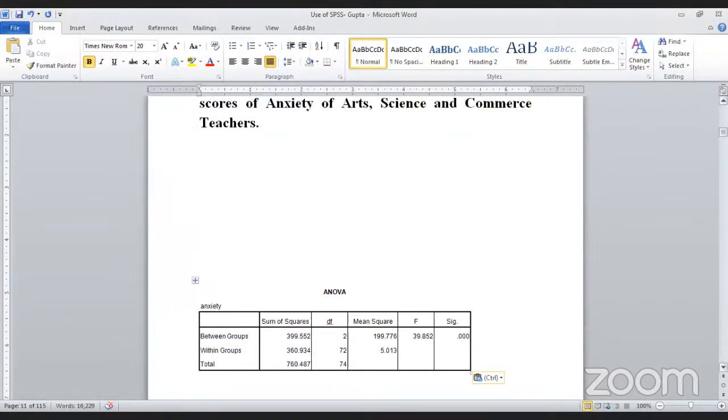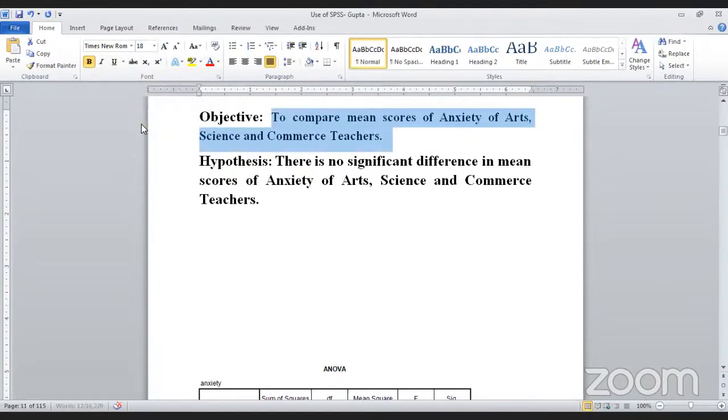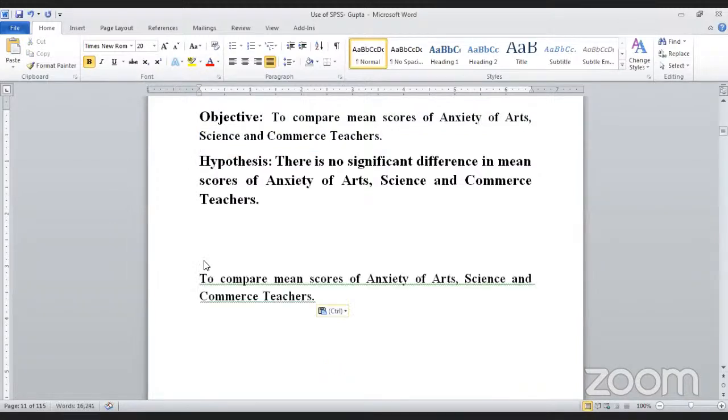So let us, this is my objective. This is my objective. And here, if homogeneity of variance is significant, then it means your condition of homogeneity of variance is not assumed.